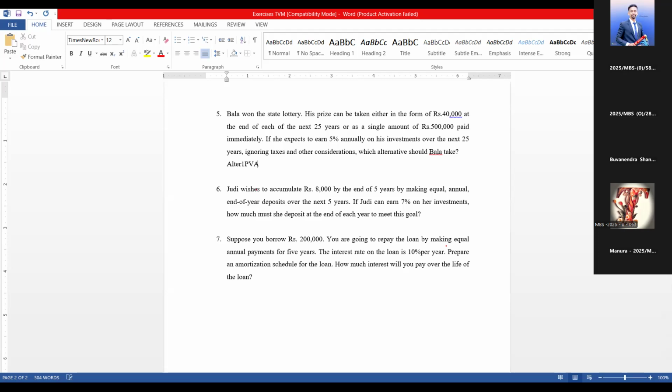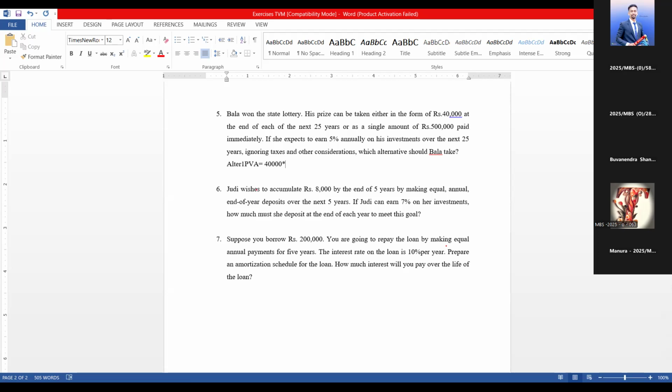What is the value? Equal cash flows is 40,000 rupees multiplied by, you can use the formula or you need to find the factor value, the present value annuity ordinary factor.